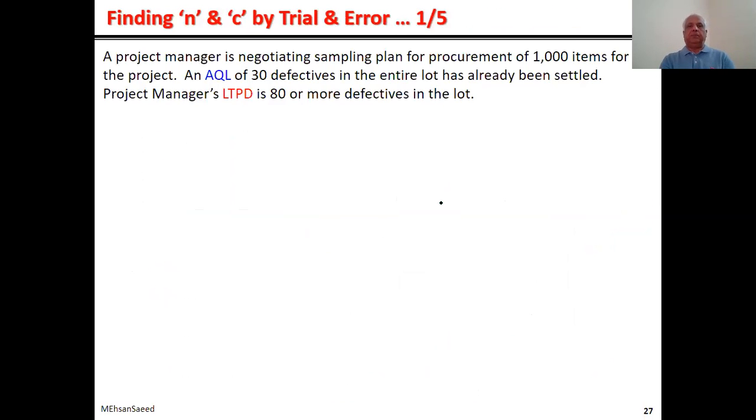Here is an example. A project manager is negotiating a sampling plan for procurement of 1,000 items for the project. An AQL of 30 defectives in the entire lot. So here again, AQL is being given in a descriptive form, has been settled, and the project manager's LTPD is 80 or more defectives in the lot. So AQL is 30 out of 1,000, which is 3%, and LTPD is 80 out of 1,000, which is 8%.